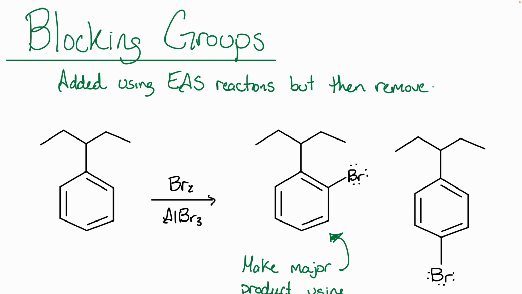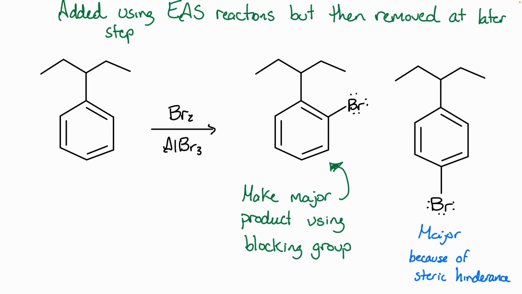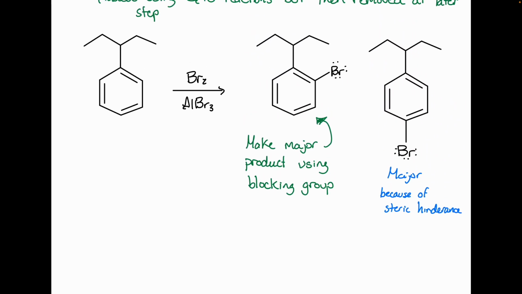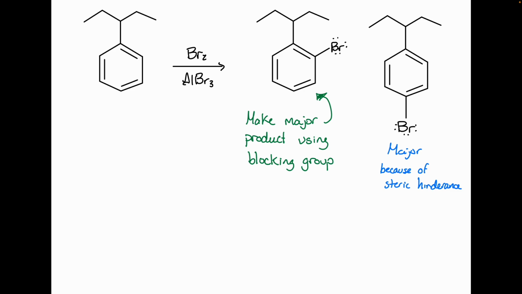But importantly, for it to be a blocking group, it also has to be able to be removed at a later step. Our blocking group is actually one that we've already seen before. It's that sulfonic acid group.